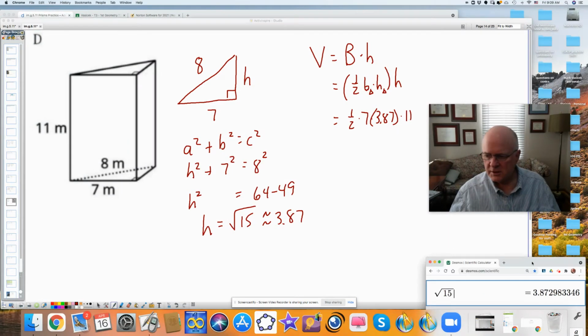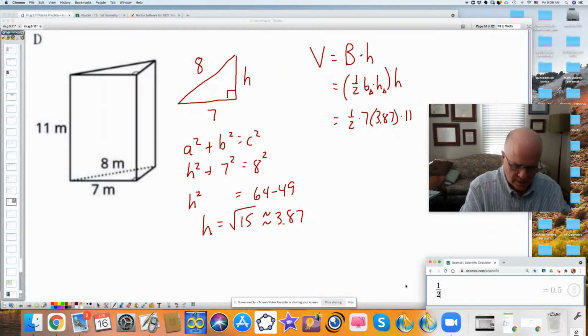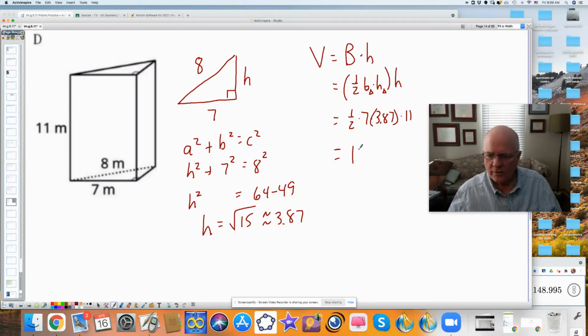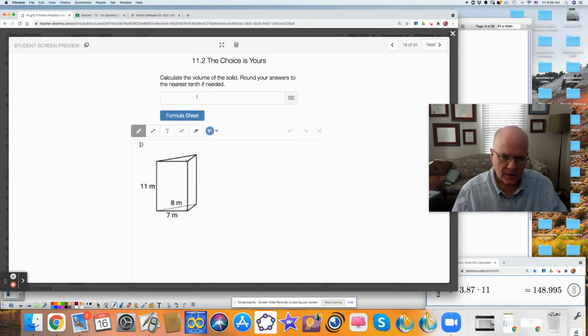And I'll put this into the calculator. 1/2 times 7 times 3.87 times 11. And I get 148.995, or 149.0 when I round it to one decimal place. We plug this in to our calculator here.